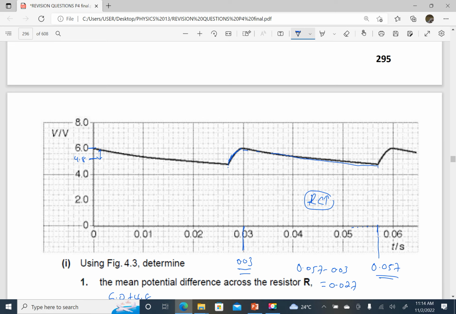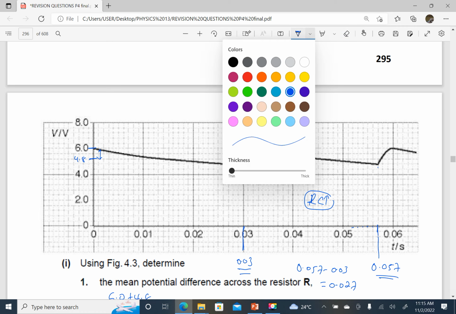Therefore, they want us to draw a new graph on the same axis to show the variation of potential with time when another capacitor is added. Adding another capacitor means higher capacitance, and the higher the capacitance, the better the smoothing.